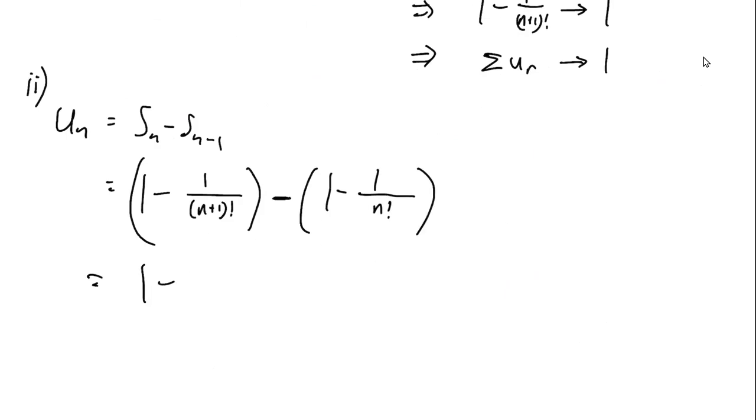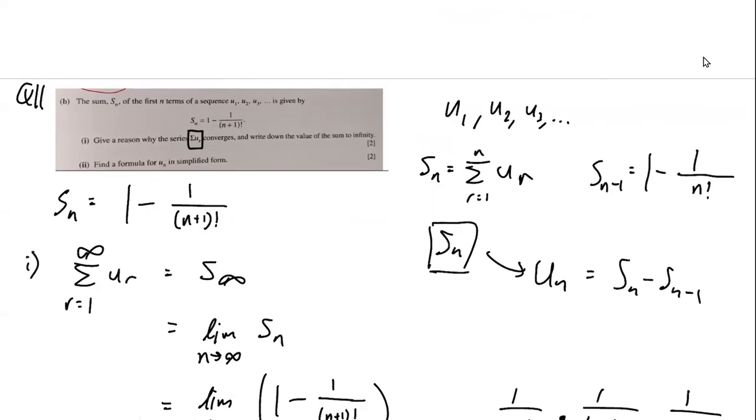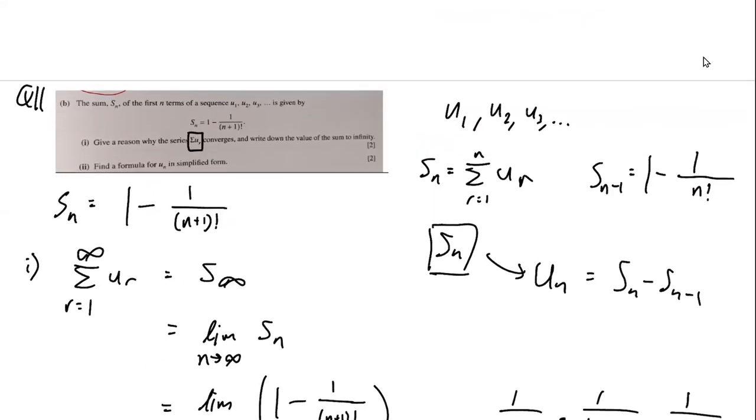Open up the brackets and distribute the minus sign. You get minus 1 plus 1 over n factorial. 1 minus 1 cancel off. You're left with 1 over n factorial minus 1 over (n plus 1) factorial. What was the question again? Find a formula for UN in simplified form.